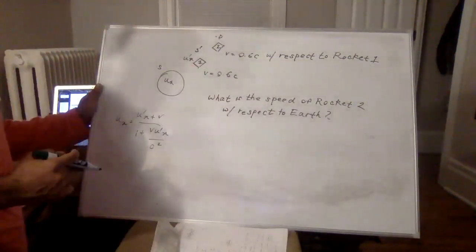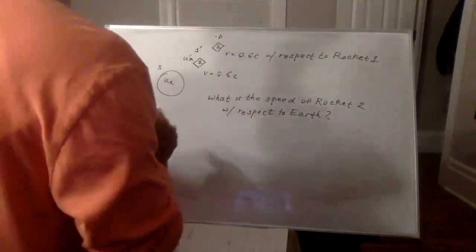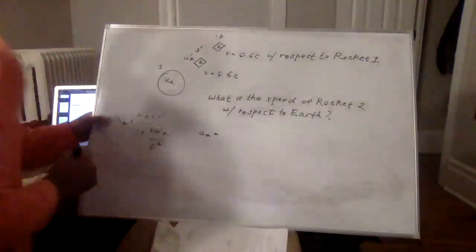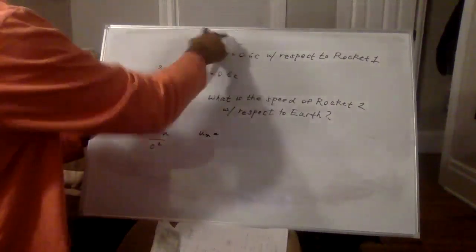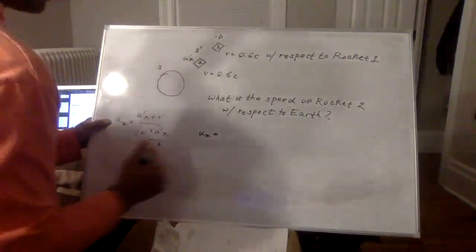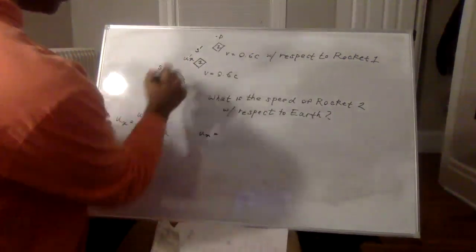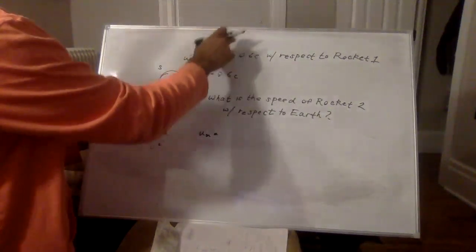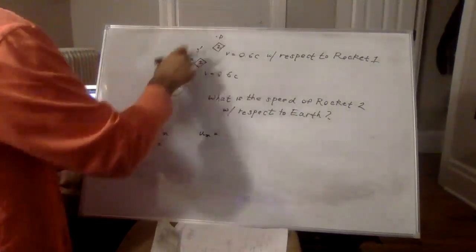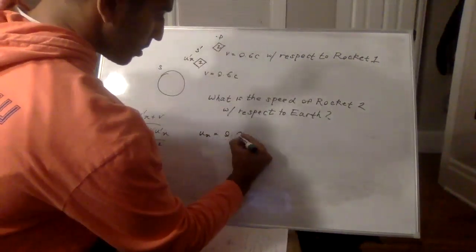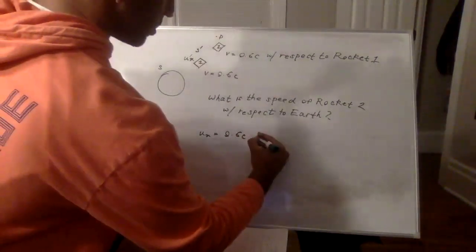So if we plug all this information into the problem, u of x is how fast our point P is moving with reference to the standard reference frame. u prime of x is how fast our point P is moving with respect to the moving reference frame, so 0.6c, plus v.